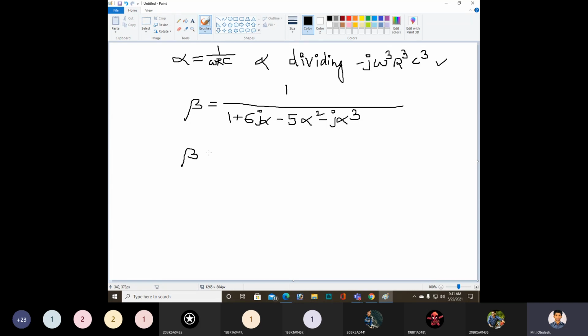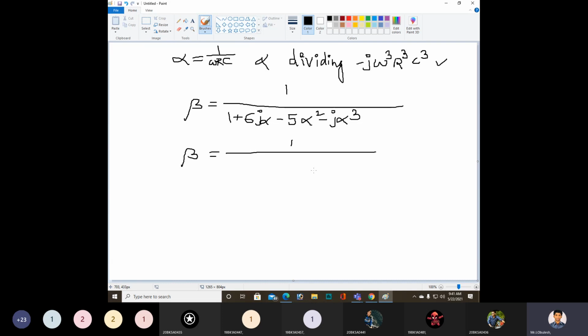Beta is equal to 1 by... this is like x cubed plus x square plus x plus 1.